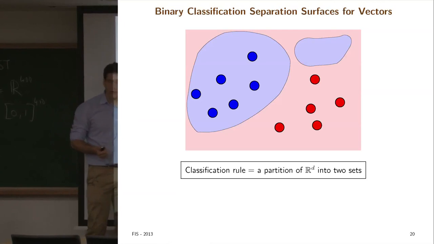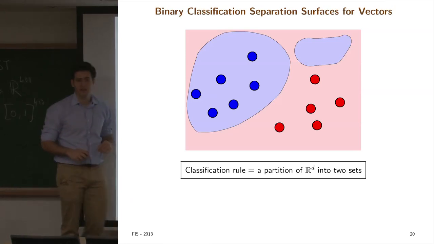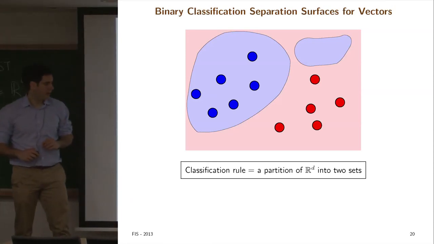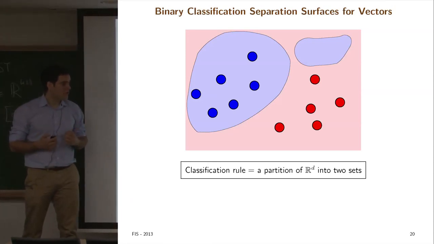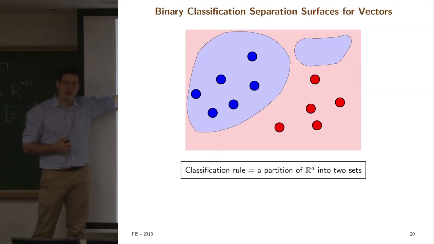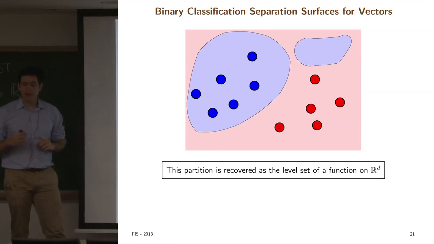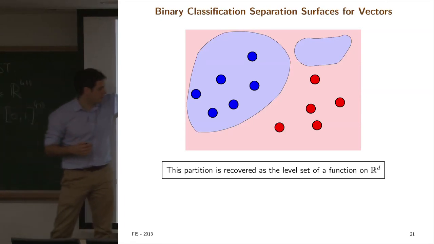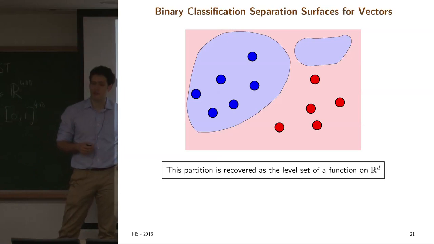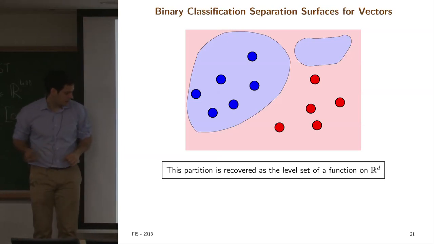So whenever a new point arrives, it has to fall into one of those 2 sets. And this is how you define the label. So from a computational point of view, it's very difficult to describe sets exactly like this. So what we do is that we define those sets as the level sets of a function. So what do I call a level set?